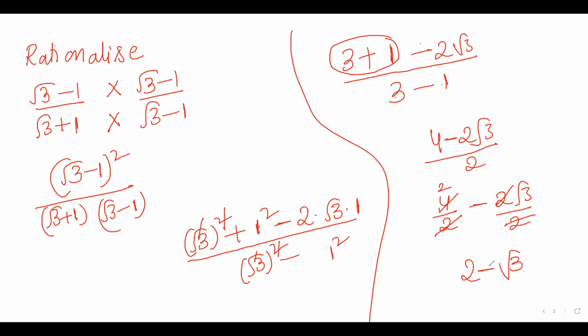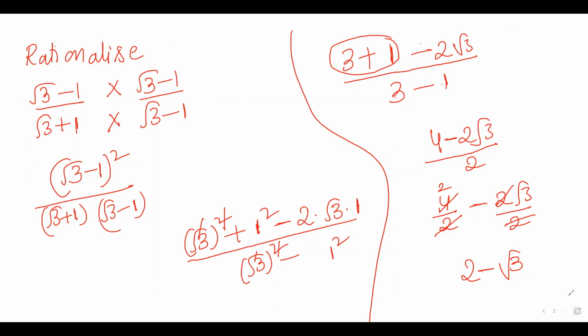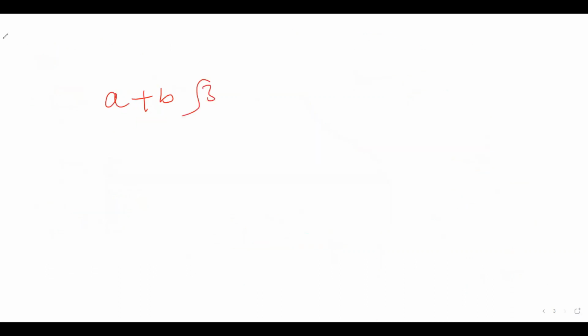Okay. So let us compare with what is given in the right hand side. In the right hand side, he has given a plus b root 3, and on rationalizing, I got 2 minus root 3.